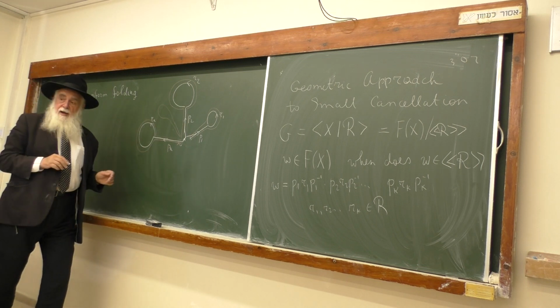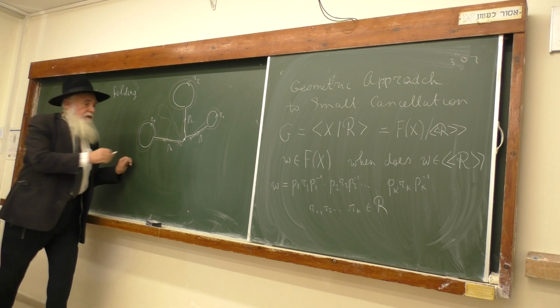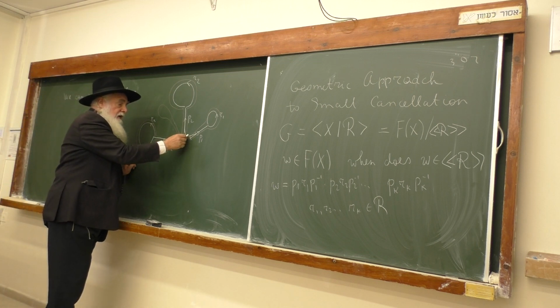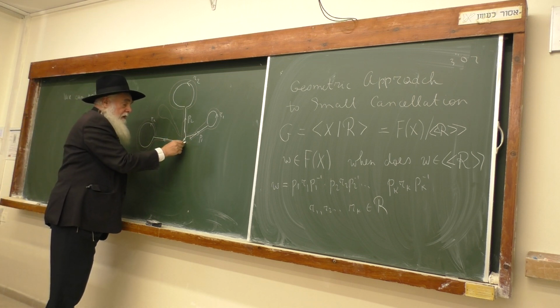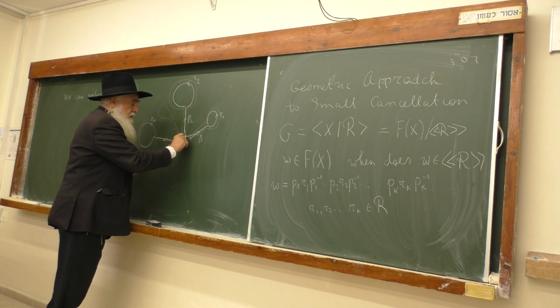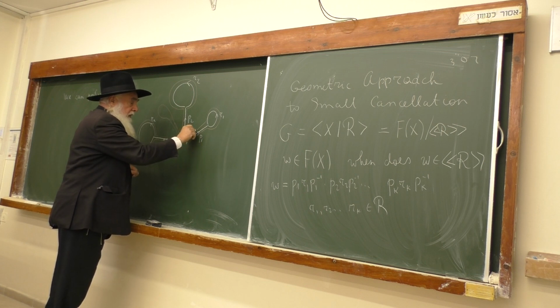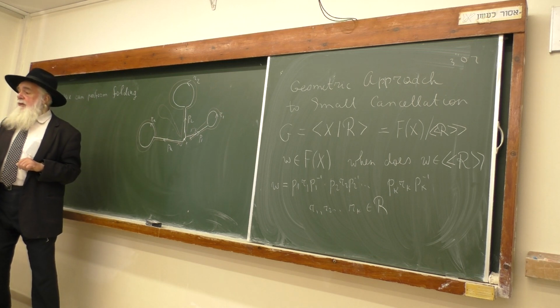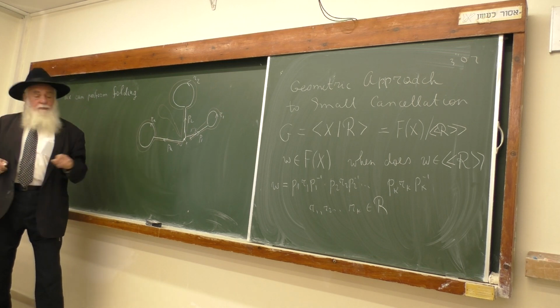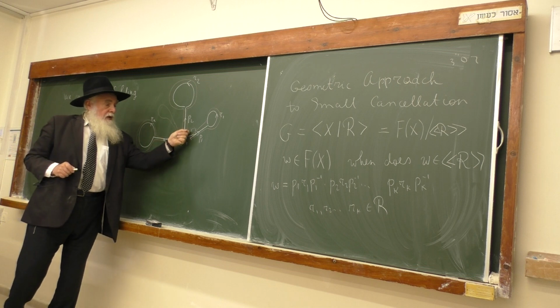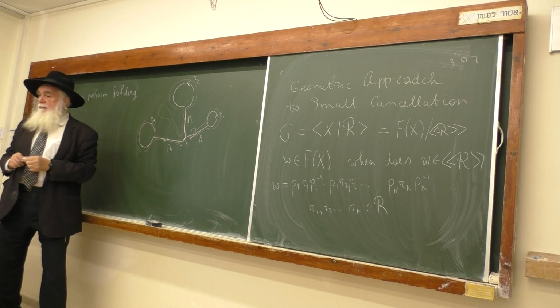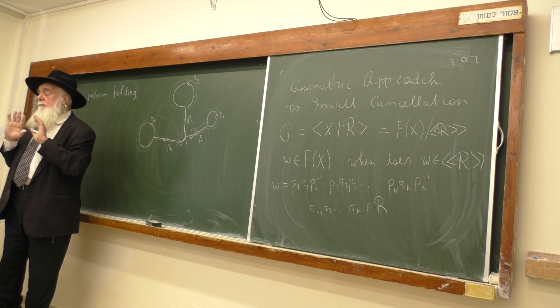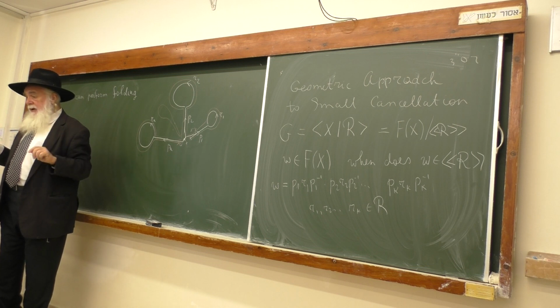Now when we went this way, we have some x and x minus 1. So when we go this way, we have x minus 1, then we have x. It means when we make this folding, we remove from this word a pair x minus 1 x, which means that we actually perform a cancellation.